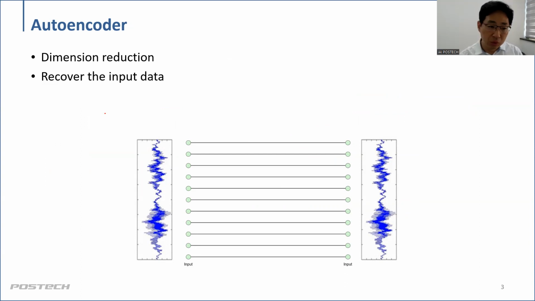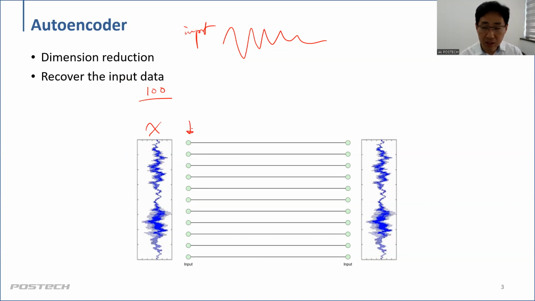Suppose we have some kind of input, such as signals or any kind of data, and this is X, and say we have, let's say, 100 features.